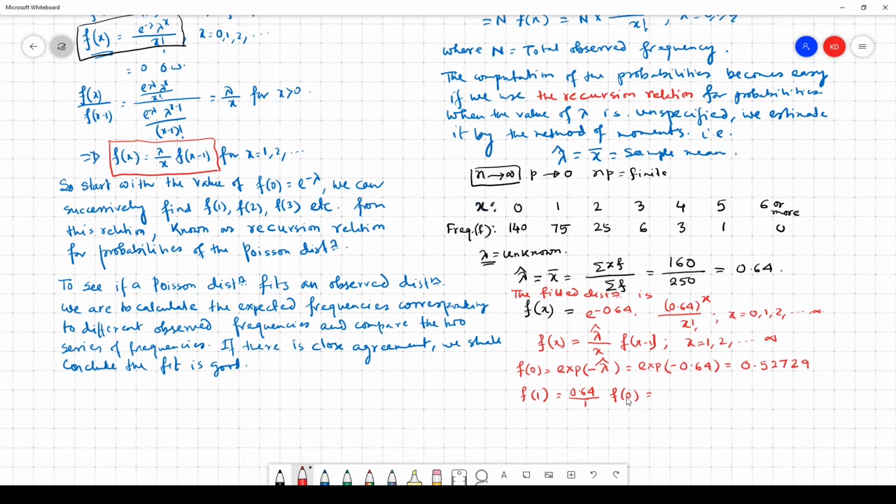So this is equal to 0.33746. Similarly, F2, which is equal to 0.64 by 2 into F1, this is equal to 0.10799.